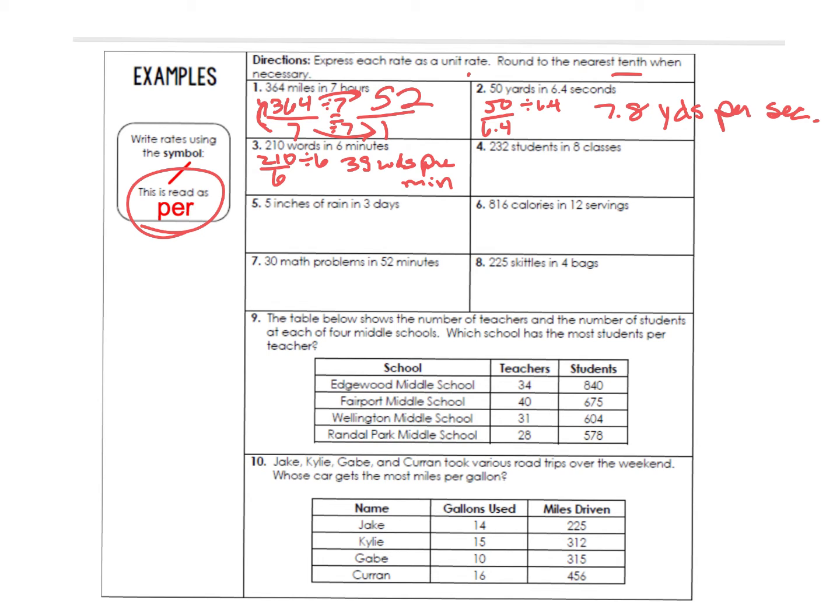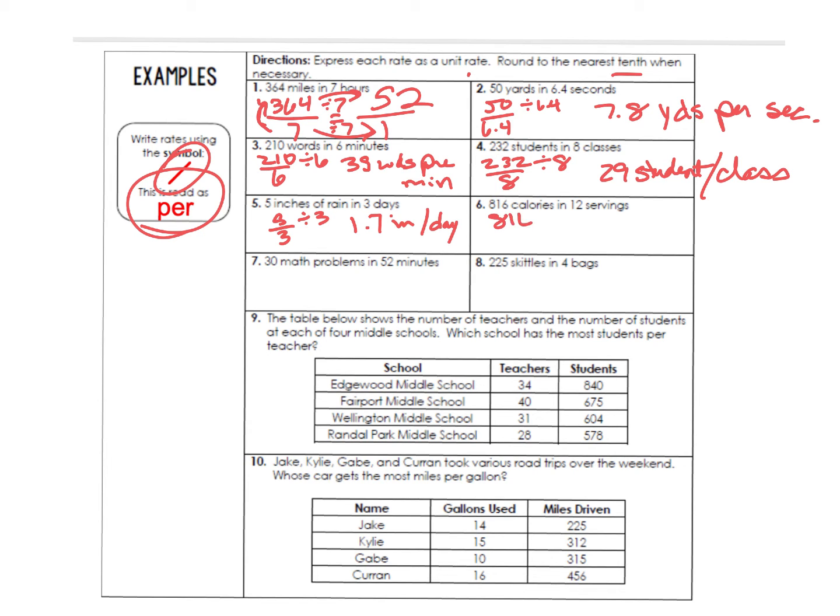And now instead of per, I'm going to use that slash. 232 students in 8 classes, so I'm going to divide by 8, and that's going to give me 29 students per class. 5 inches of rain in 3 days, I'm going to divide by 3, and again I'm going to round to the nearest tenth, 1.7 inches per day.